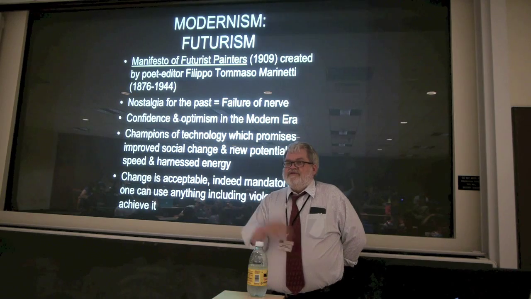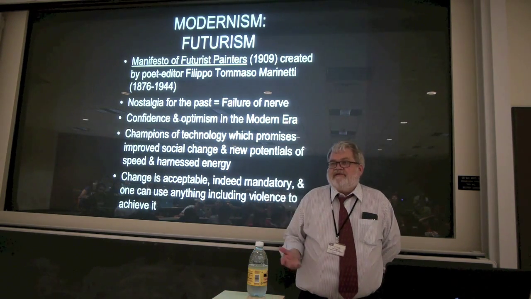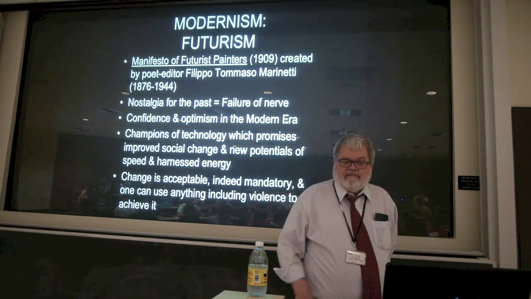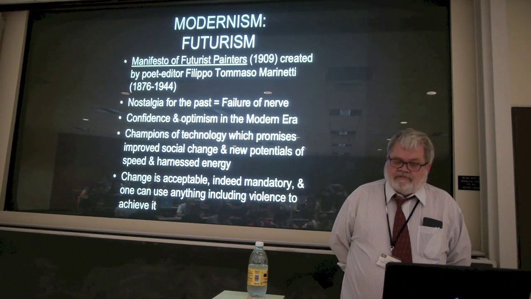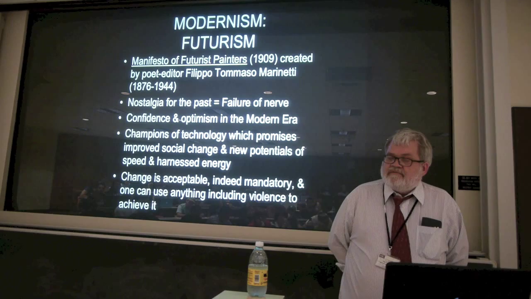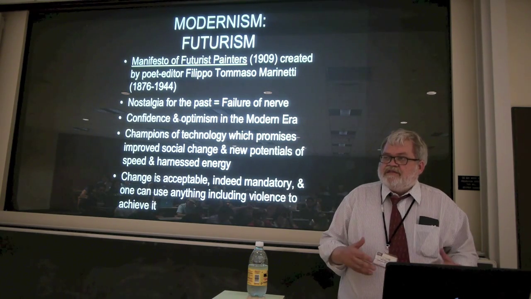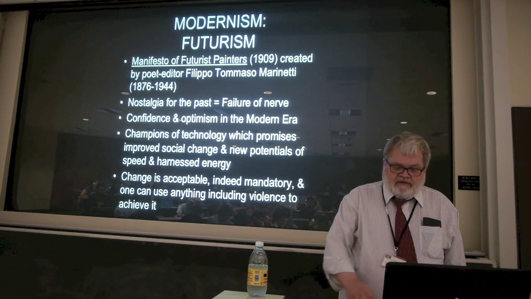You owe no allegiance to the past, and in fact, quite the opposite. You owe a flat rebellion to it. You don't take it seriously. It is your enemy. Your confidence and optimism is only in the modern, only in the future. Technology, certainly, especially as it applies to things like speed and energy, and diffraction of light. Change is the very key of it.